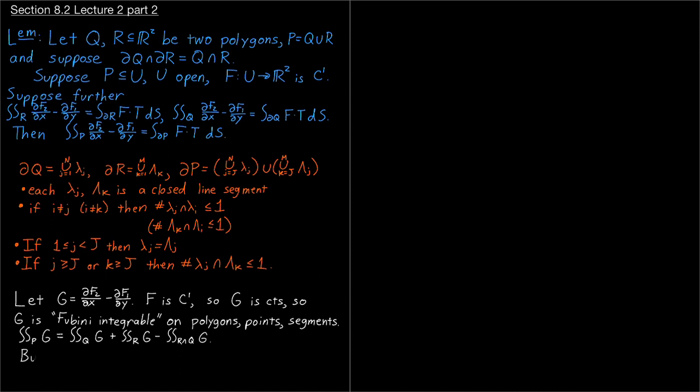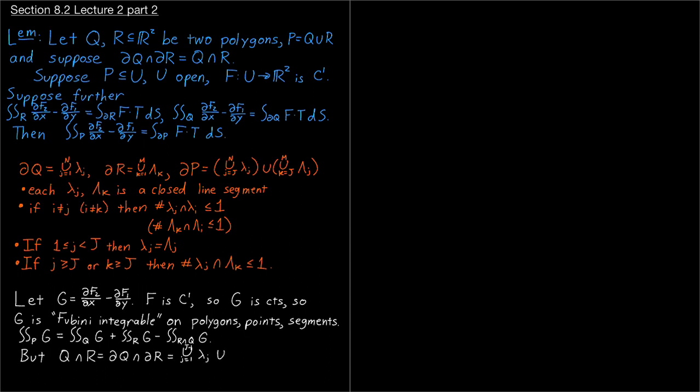And now let's say a little bit about this overlapping region. Q intersect R, by assumption in our lemma, that's the intersection of the boundaries. And we've just seen that that's all these line segments that show up in both boundaries.